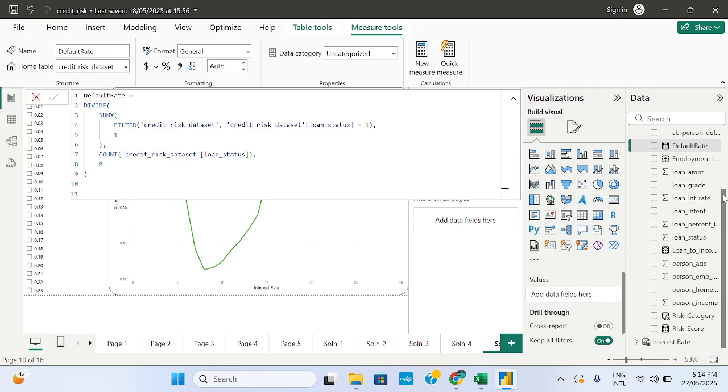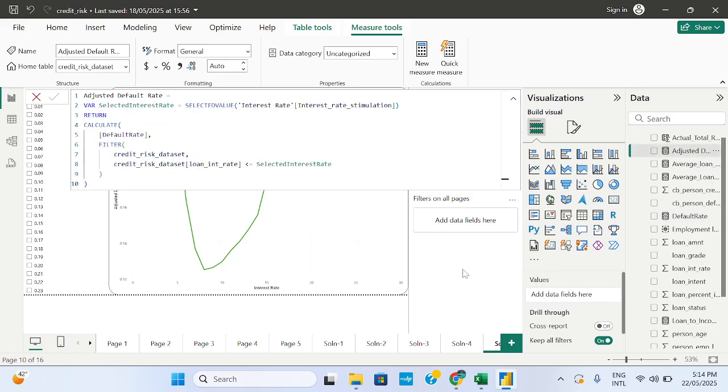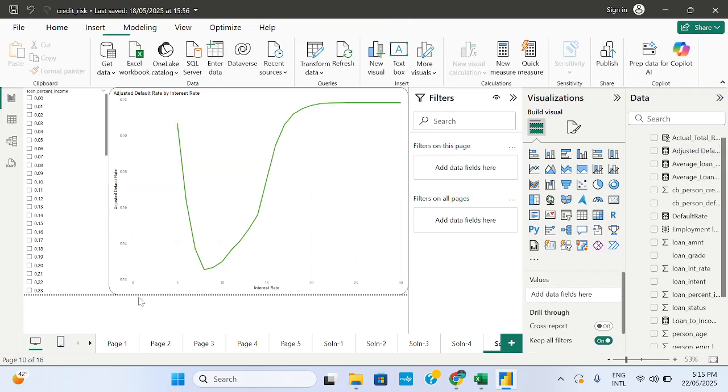Here, when we have adjusted the default rate, we have used this formula. I have used the industrial simulation, selected this value, then calculated the default rate, filtered for values lesser than or equal to the selected interest rate, and based on this I have used this adjusted default.